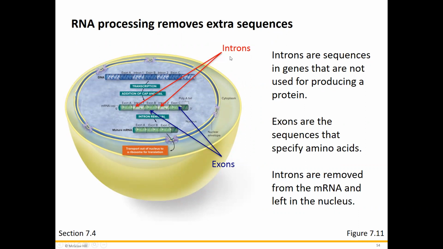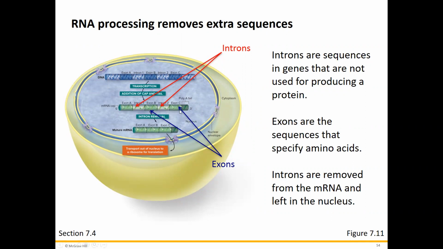It's well beyond my understanding of why they're there, except that you can have one gene that can code for multiple proteins. It does that because in some proteins the intron is not used, but in other proteins you might cut out different introns and keep these. So it gets very, very complex.